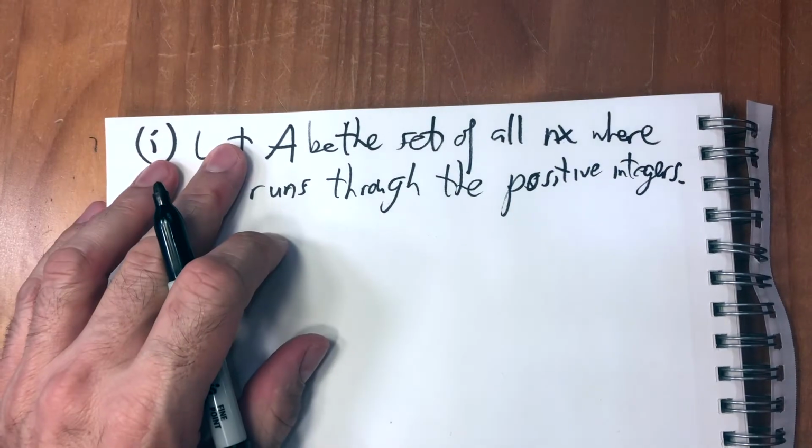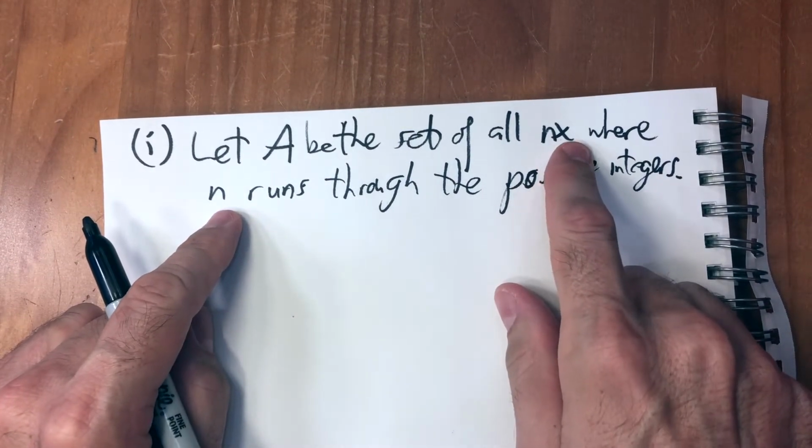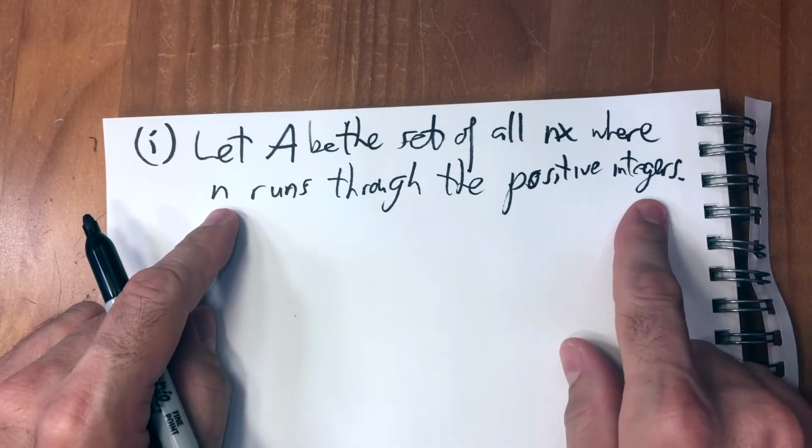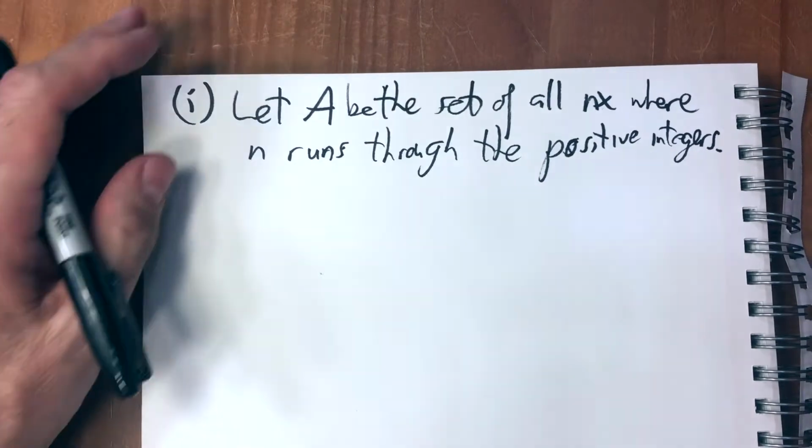Okay, so whatever x is, we just multiply x by every positive integer, and that's our set. So it's all of nx for all positive integers.